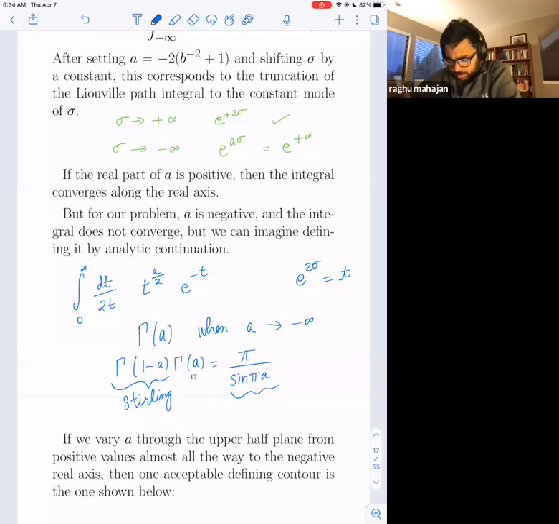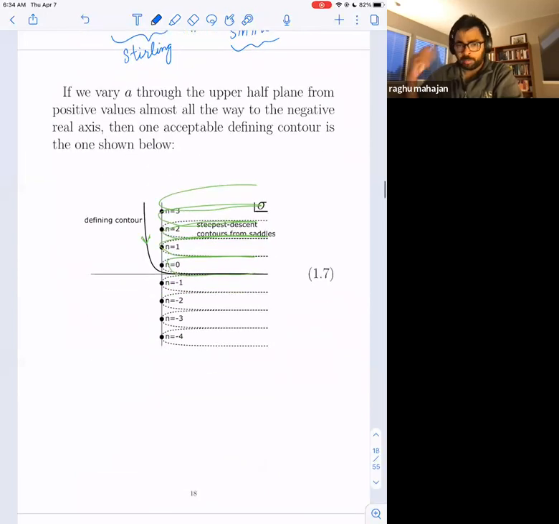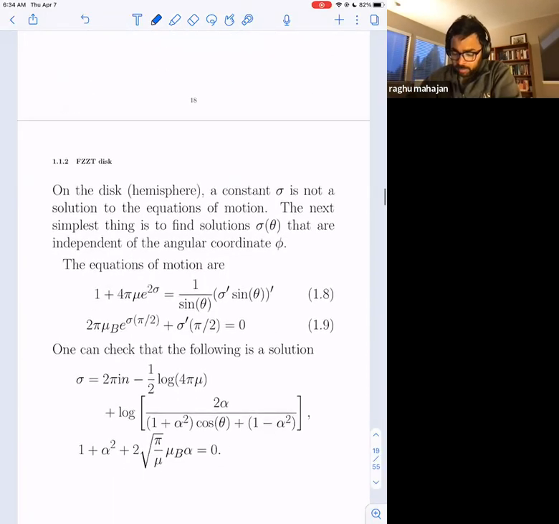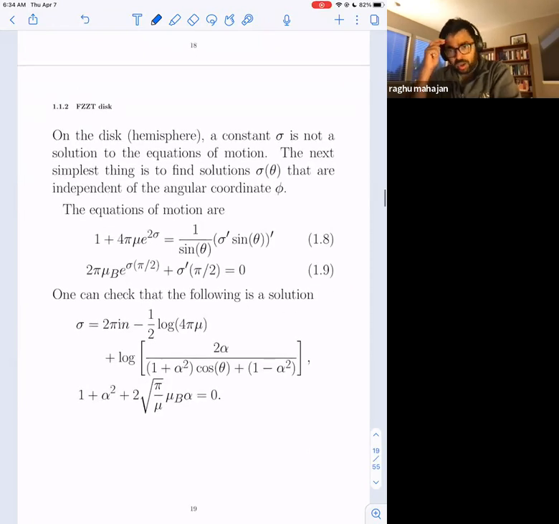Anyway, these are all some cute mathematics you can do in this thing, but the point is there were some saddle points and we summed over a bunch of them. Now, just to flash quickly, the disk is similar, there is an equation of motion. Now the sigma is not constant, but it depends on theta. There is a boundary condition, and you have some explicit solution with again some shifts in 2 pi i n.